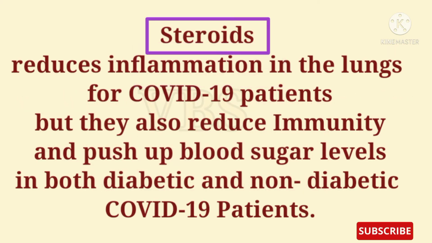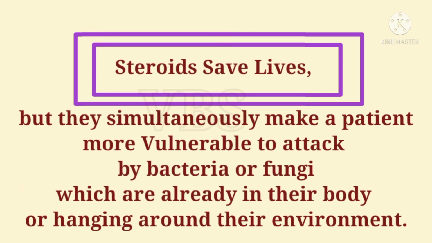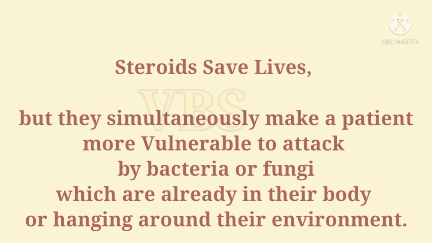Steroids reduce inflammation in the lungs of COVID-19 patients, but they also reduce immunity and push up blood sugar levels in both diabetic and non-diabetic COVID-19 patients. Steroids save lives, but they simultaneously make a patient more vulnerable to attack by bacteria or fungi which are already in their body or in their environment.